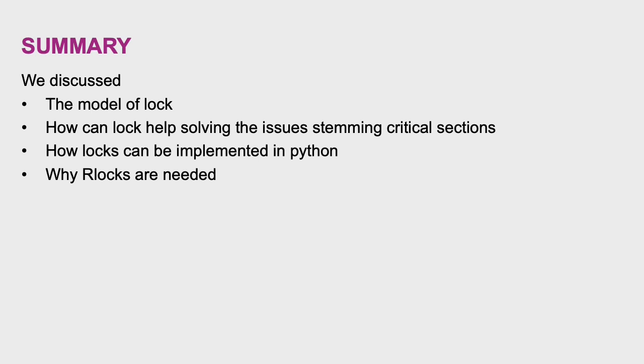Well, in this section we discussed a lot of issues. We started by introducing the model of lock, a basic idea that's implemented in the major languages out there, not only in Python, and how locks can be used in order to protect critical sections and to guarantee, therefore, that a single thread is executing in the critical section at any time, which is a very, very important thing if we want to have control of our software.